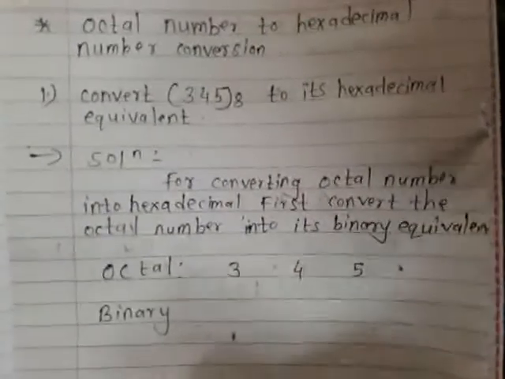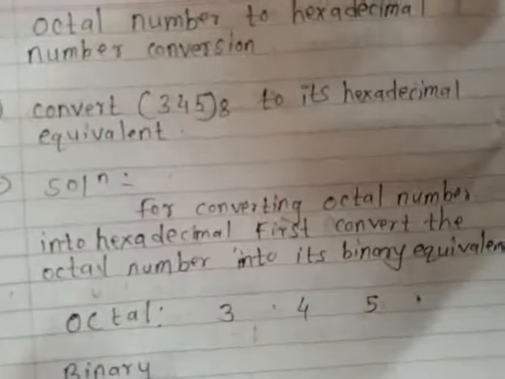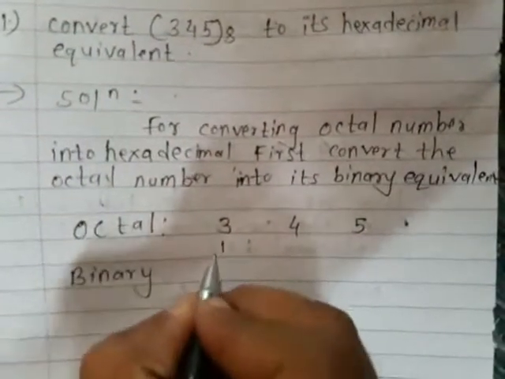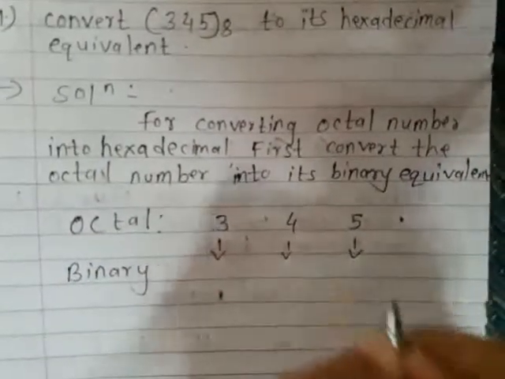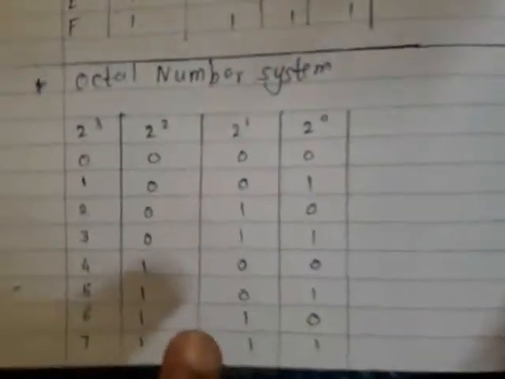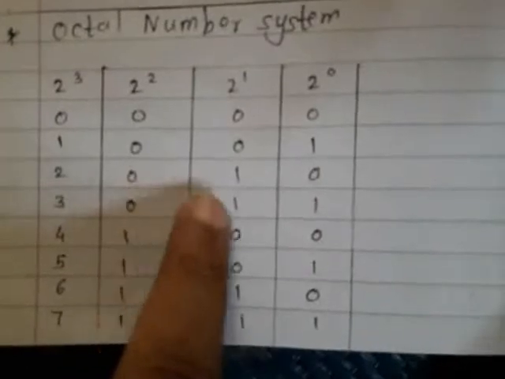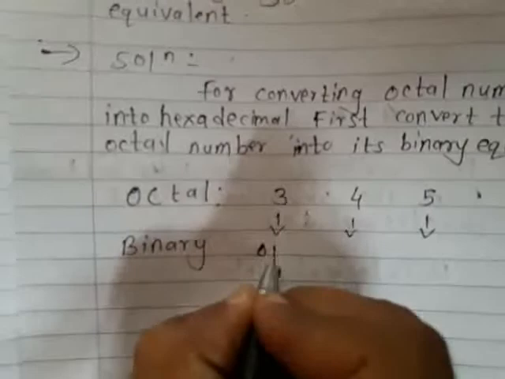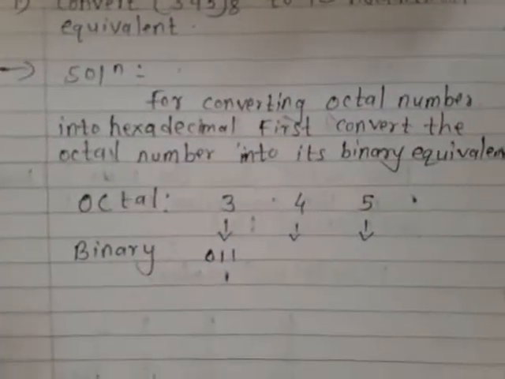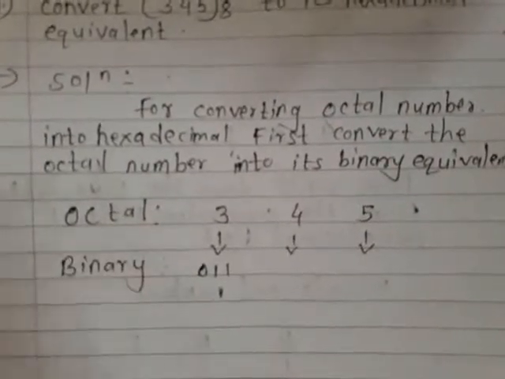Now see, students, what is the binary number of 3? 0, 1, 1. With the help of the octal number system chart, you have to put that number.